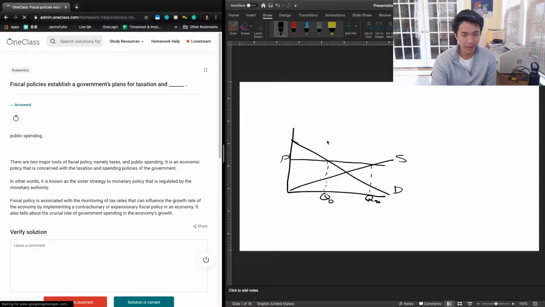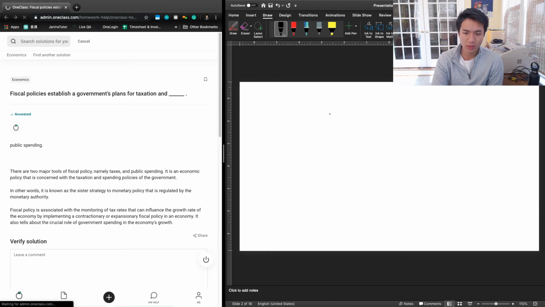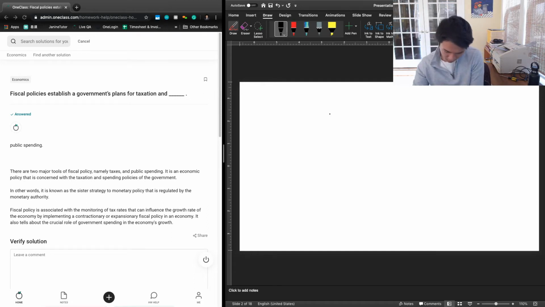Okay, so the next question says, fiscal policies establish a government's plan for taxation and blank. And so when we think about fiscal policy, what we're really doing is we're dealing with things that government can do, specifically control either spending or taxing, right?